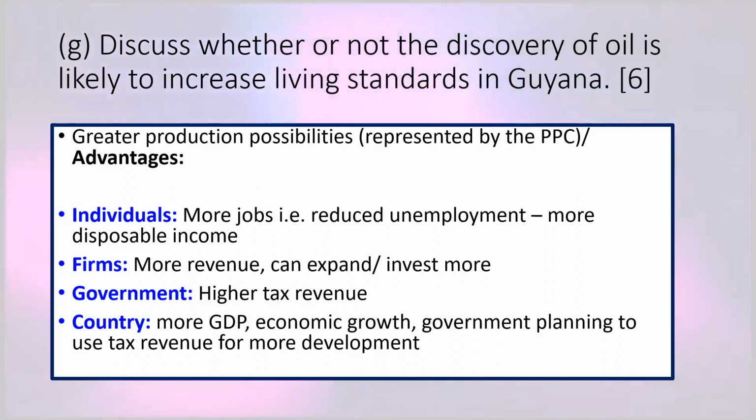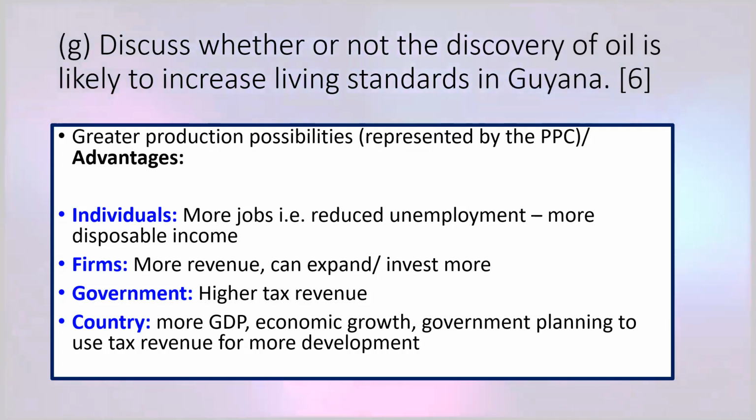The firm will be able to produce better quality, more competitive items because they have reinvested. So what does reinvestment mean for living standards? The firm is producing better quality items, so in Guyana you can get good quality items. Living standards are higher. Yes, it increases living standards.